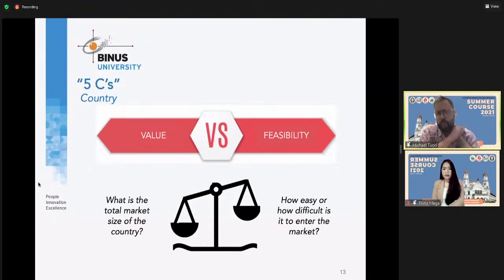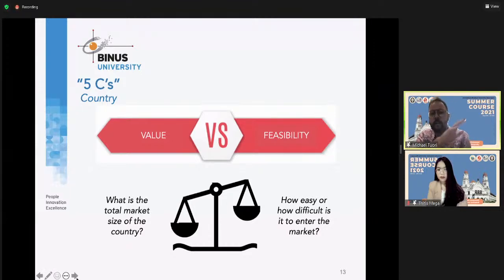We don't want low value, but if we have to make that choice, usually we're going to choose the feasible country first. So what a lot of companies do is they want to enter China, but they enter Hong Kong first, and they learn because it's higher feasibility. You spend a couple of years learning about the market and getting experience, and then later you enter China from Hong Kong.